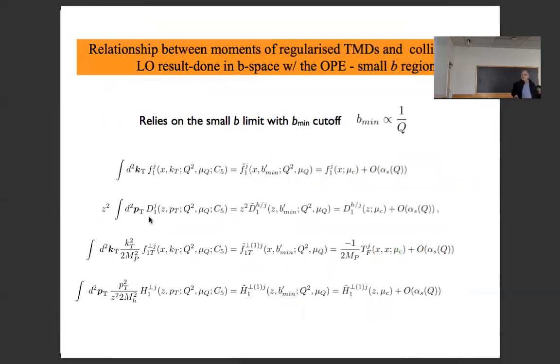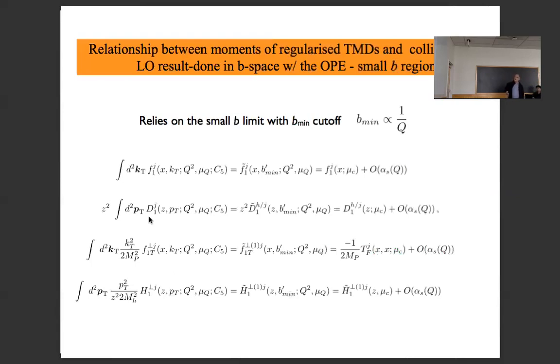It becomes pretty clear that when you look at the small b limit of the Fourier transform of TMDs, which is essentially what this equation is, if the coefficient function is well defined and calculated, at leading order you get the Fourier transform function evaluated at b_min, but b_min is in fact a scale that is related maybe to the normalization scale. We'll say a little bit more about that.